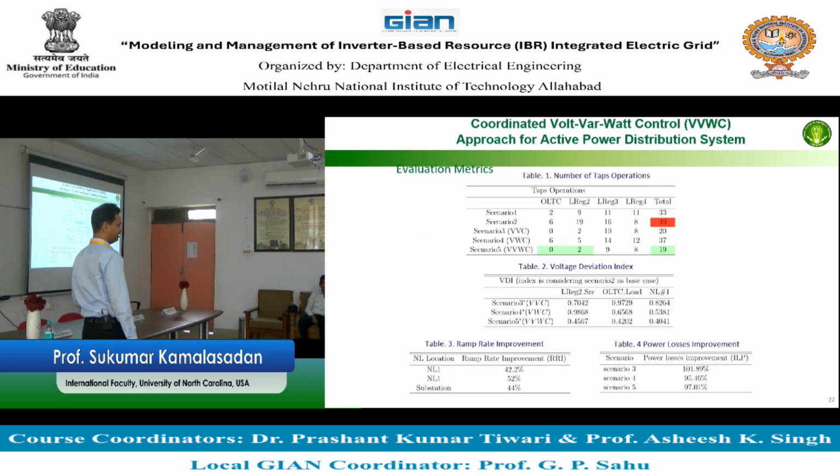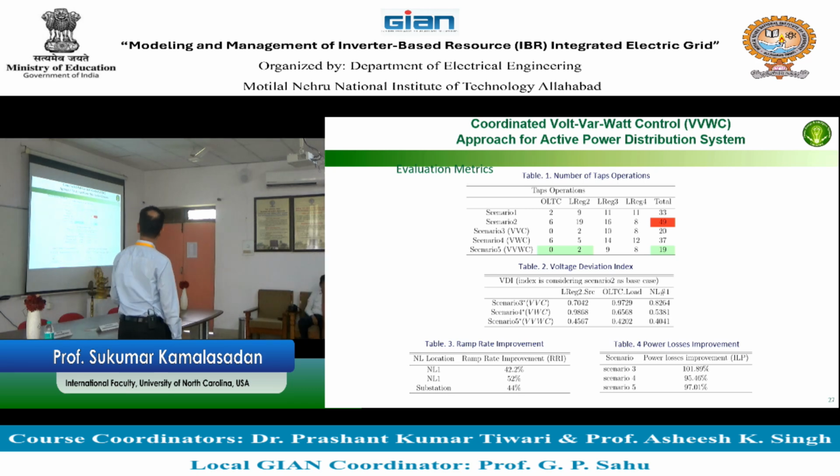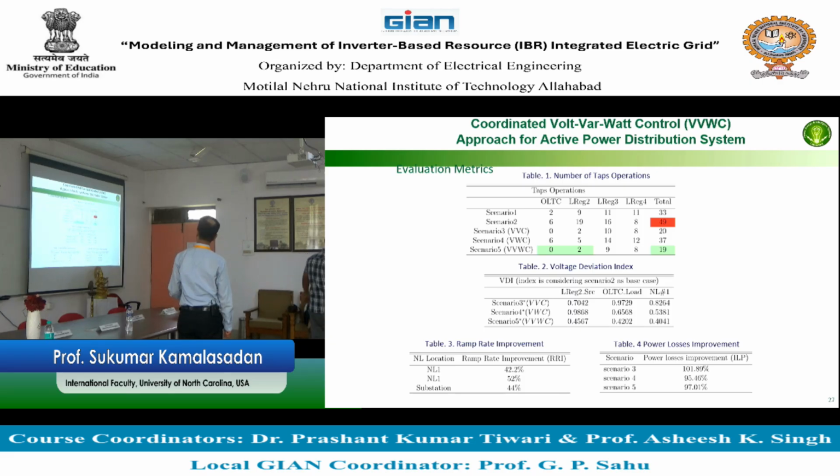The last part is the evaluation metrics. This is the regulator taps, total taps, and for every scenario we are looking at how many taps are reduced. So you see the reduction in the taps, 37, 49, 20. The taps go up, but when you do both of them, volt-var and watt control, the taps go down.